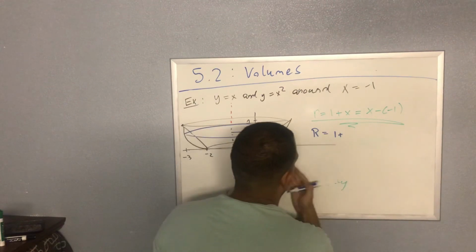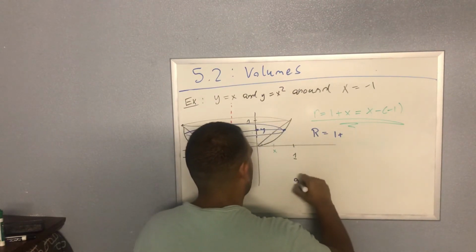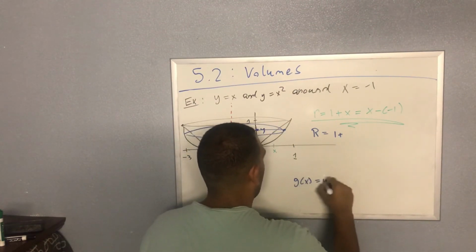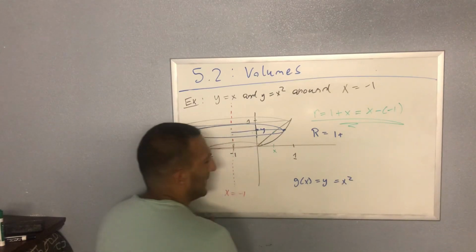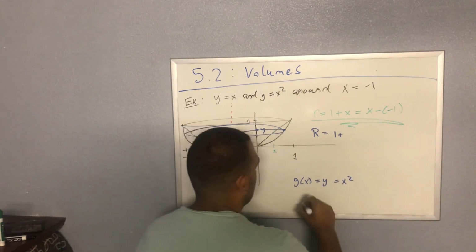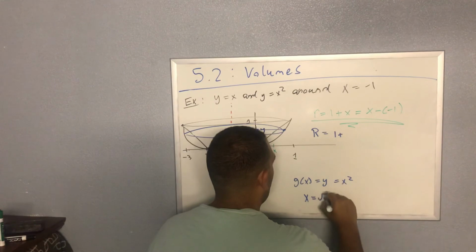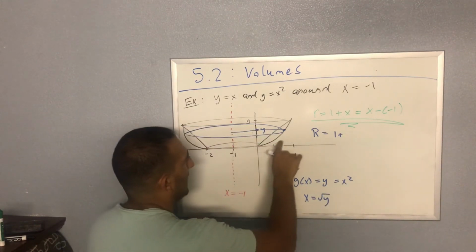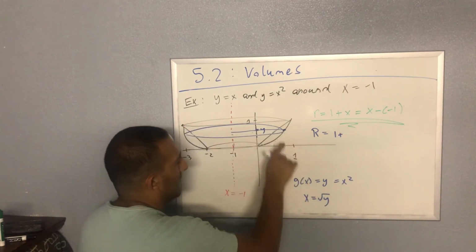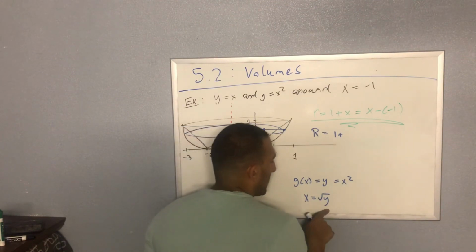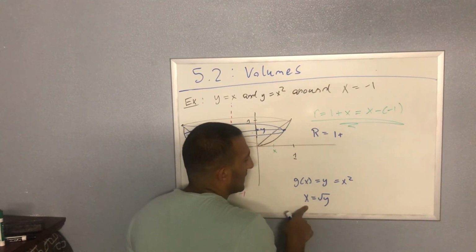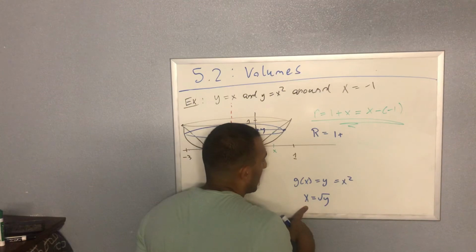Notice that if g of x is y equals x squared, if you take the square root of both sides, x equals root y is another way of writing the parabola. So now if I give you the y coordinate, its square root will tell you how far to the right or to the left to go.